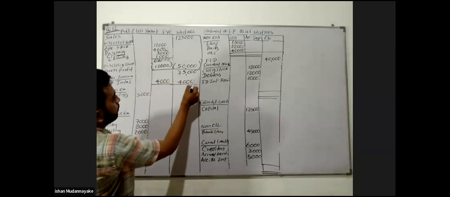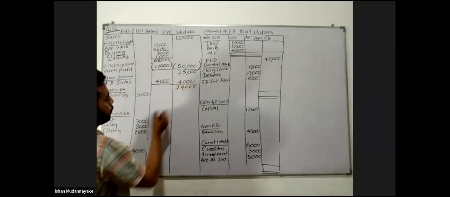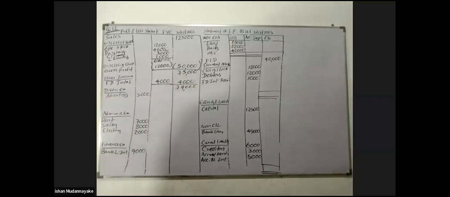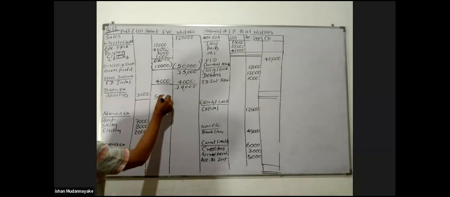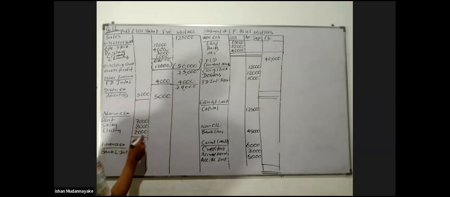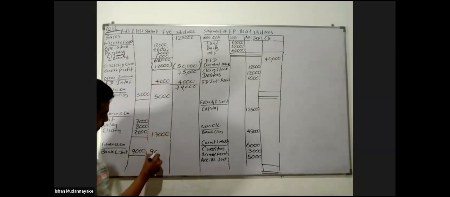Now plus other income, 79,000. And then distribution expenses 5,000 plus administration expense 17,000. Finance expense 9,000.